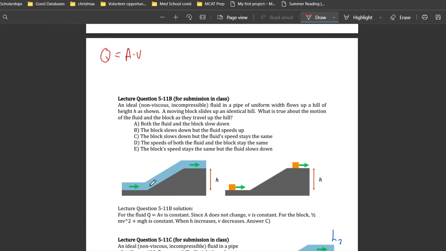So even if the height increases for the liquid, even if it's increasing in its potential energy, as long as the cross-sectional area of the pipe it's in remains the same, which it is in this question with the phrase a pipe of uniform width, the velocity is going to remain the same. So for a fluid flowing up a hill, the velocity is not going to change, but what is likely changing is the pressure.